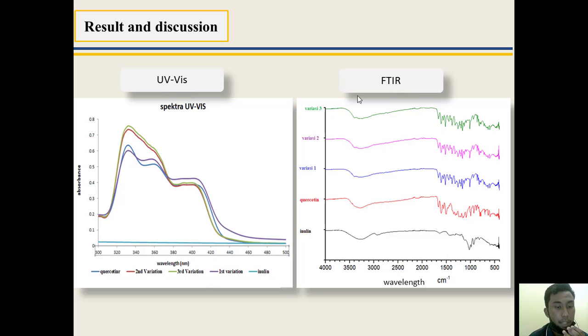The UV spectrum of inulin shows no absorption between 300 and 500 nanometers. The UV spectrum of quercetin and quercetin grafted inulin shows an absorption band at 329 nanometers. This suggests that quercetin has successfully grafted to inulin to form quercetin grafted inulin.